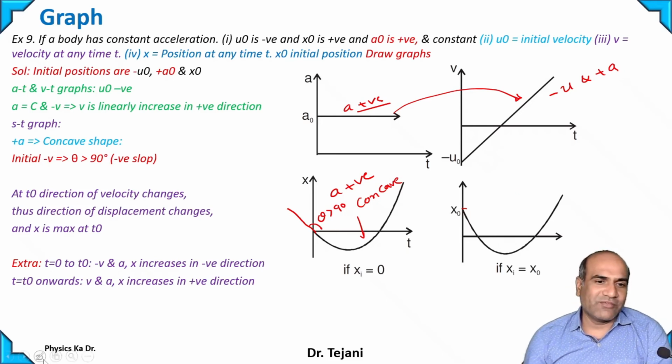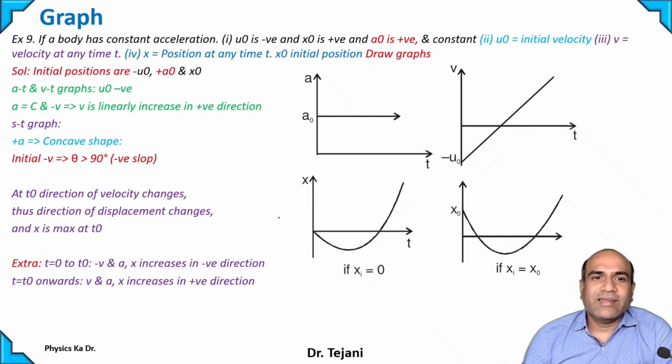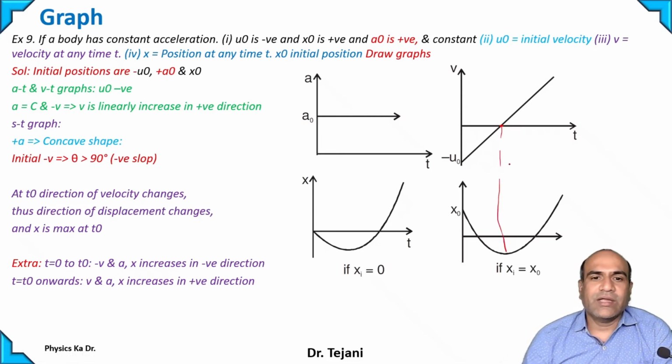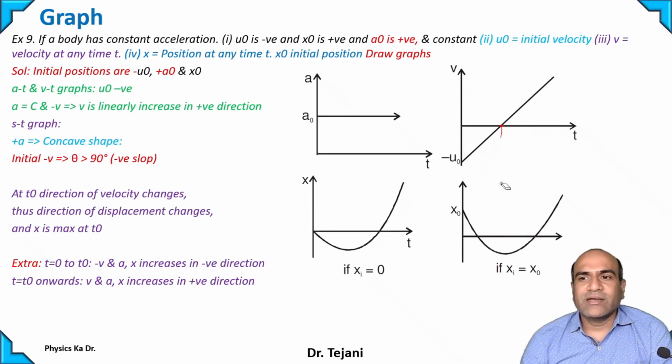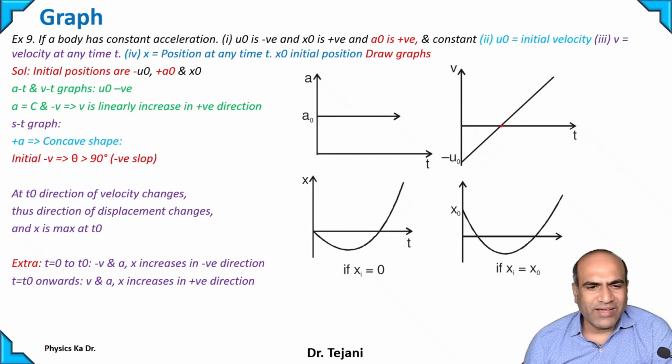So this is the graph. See, some extra bifurcation is also given if you want. At t equal to t0, at this position, x increases in the negative direction, and from t equal to t0 onwards, x increases in the positive direction. You can have this extra material for your understanding.